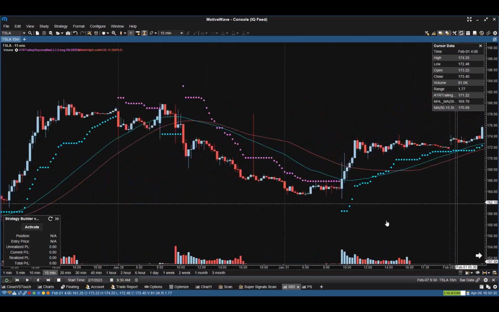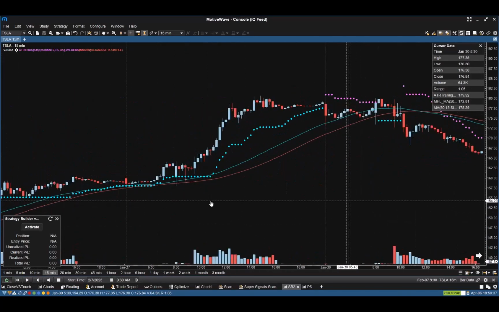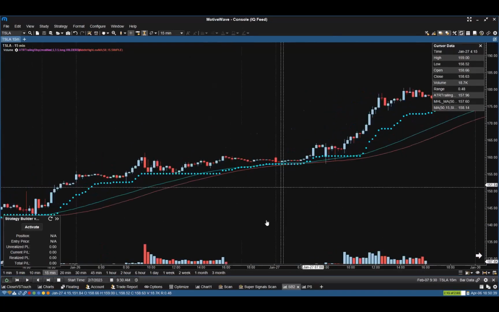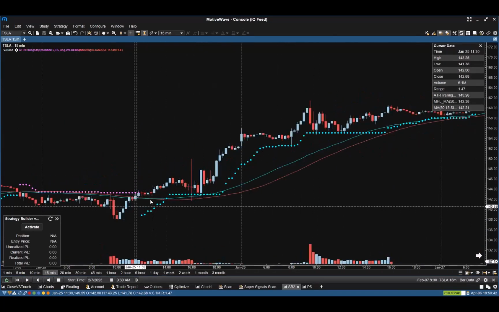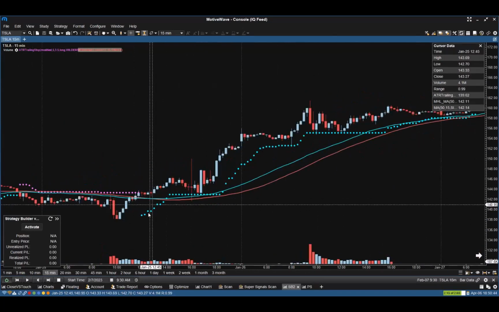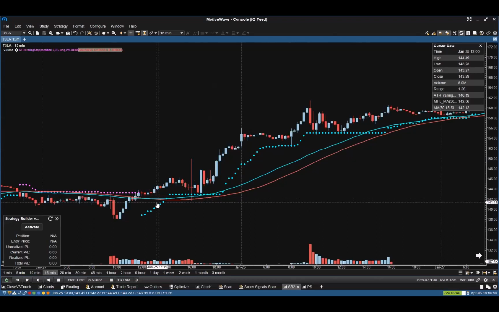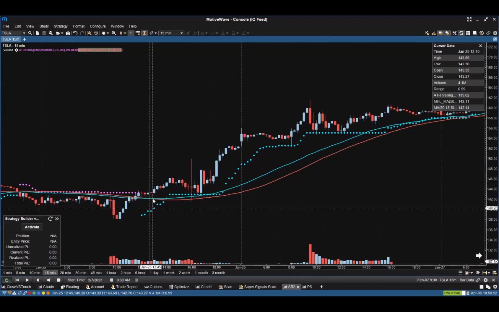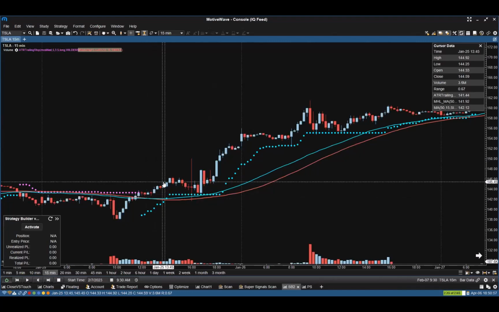So for some examples of that happening. Here, for example, right here, we would have had a long signal because close price was above the blue dots, the trailing stop, and the blue line crossed above the red line. So we were above the trailing stop within the last 5 bars, and our lines crossed. We would have had a long here.